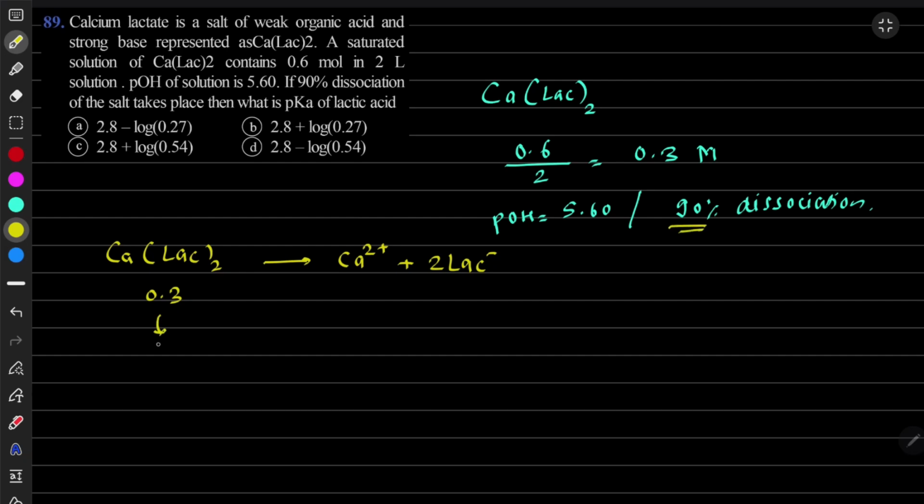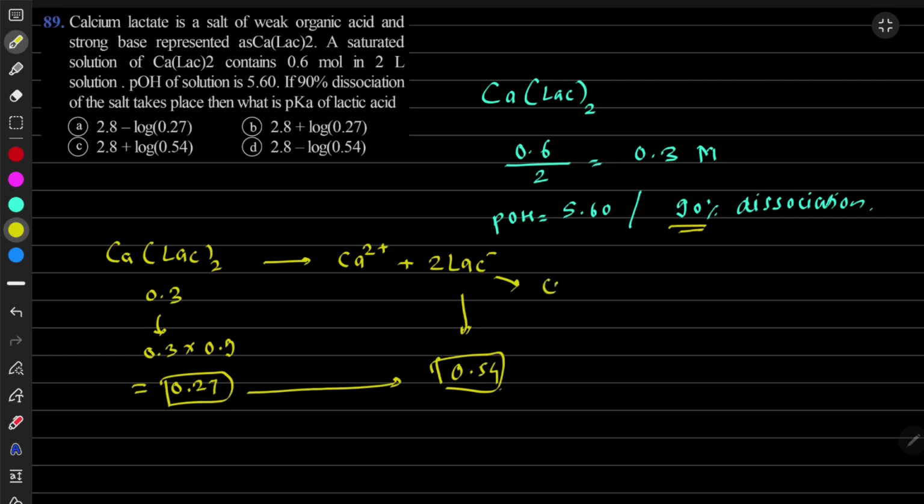That means the amount dissociated is 0.3 into 0.9, so it comes to 0.27 mole dissociated. This concentration dissociated means this form will be 0.54. So this is the conjugate base of lactic acid.